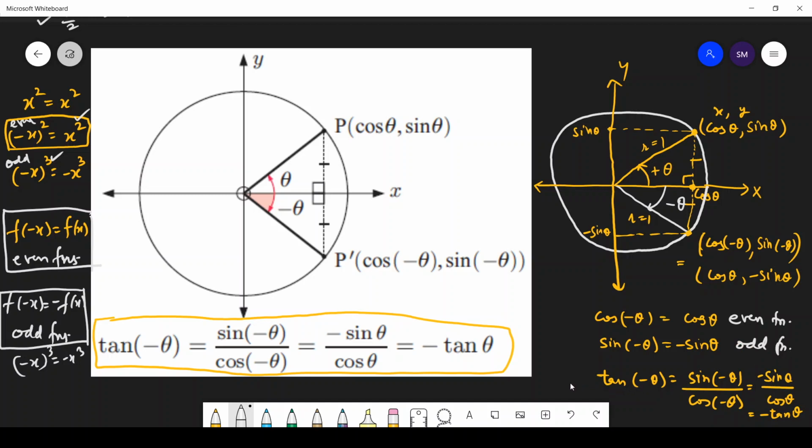Is it an odd function or an even function? Odd function. Yes, students, this is a very important concept in maths. Very, very important. Okay, so even functions and odd functions. Note it down.